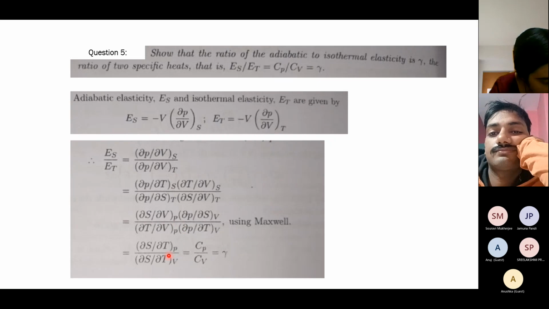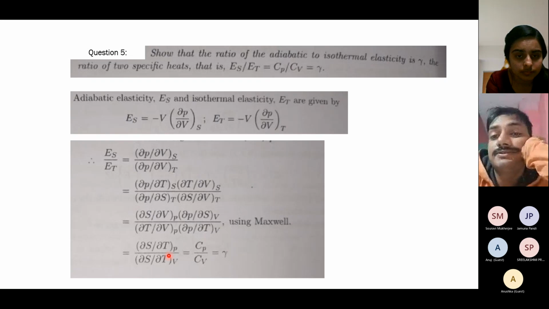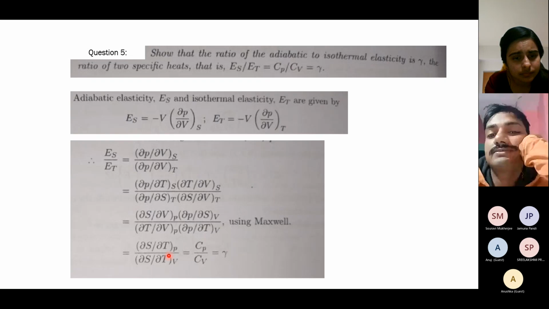Can anyone maybe unmute and tell me? Just to use the relation. Which relation? It is using cyclic differentiation. Is it? But if it is cyclic differentiation, see here it's at constant pressure, then it's at constant volume.